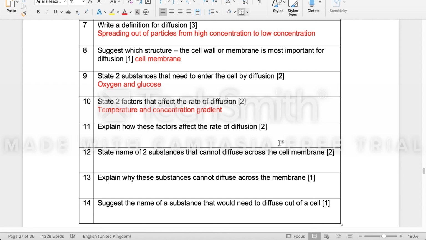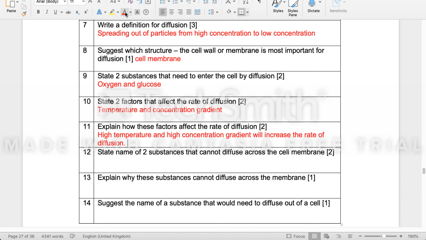All right. Number 11, explain how these factors affect the rate of diffusion. So let's just go with what makes it faster. If you have high temperature and high concentration gradient, that will increase the rate of diffusion.